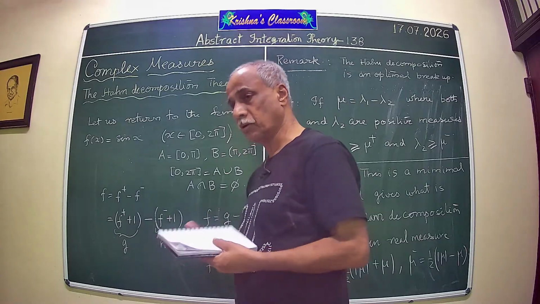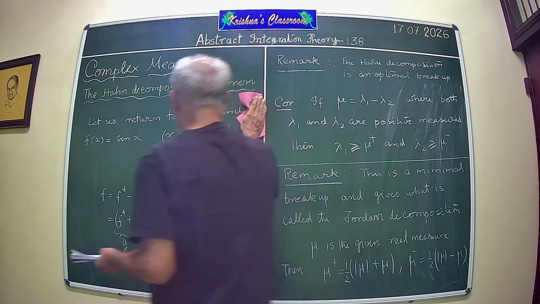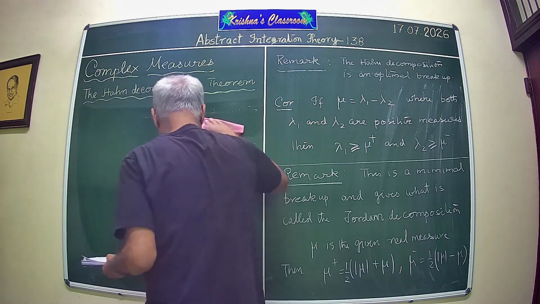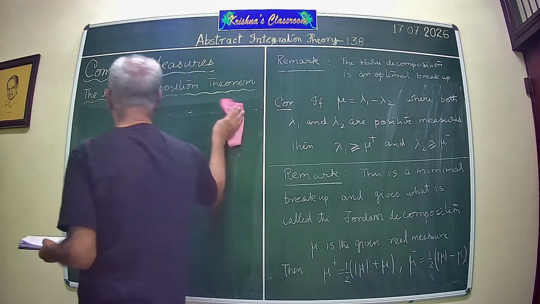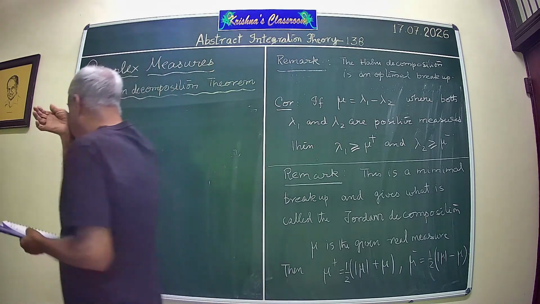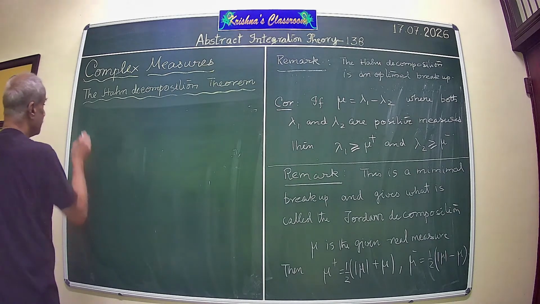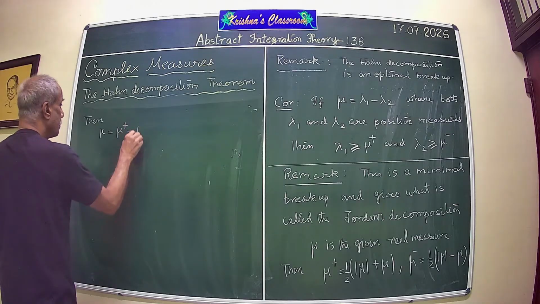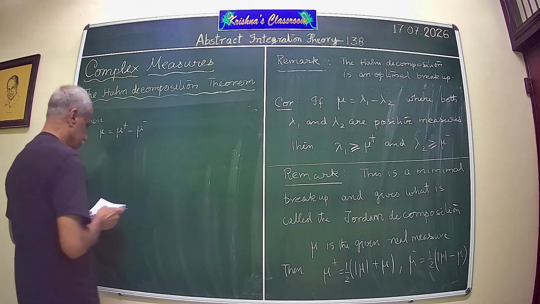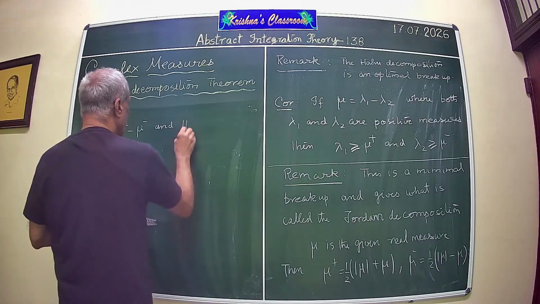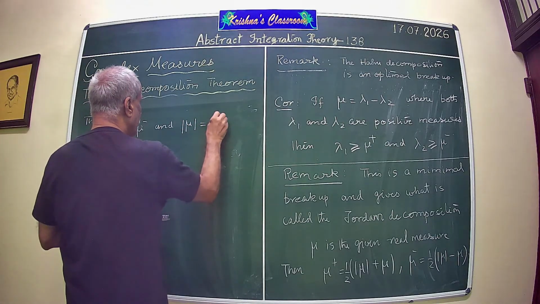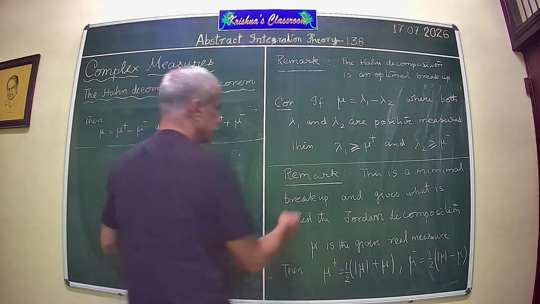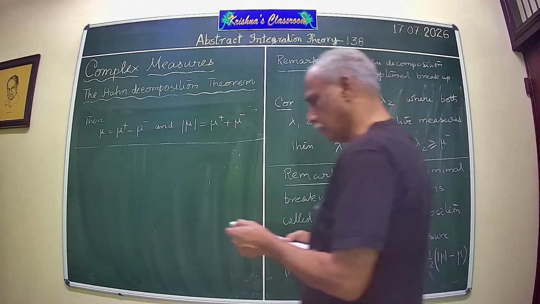And the consequence is that this will break up mu into the difference of two non-negative, two positive measures, namely mu plus minus mu minus. So let us prove this corollary, or give the proof of the corollary.